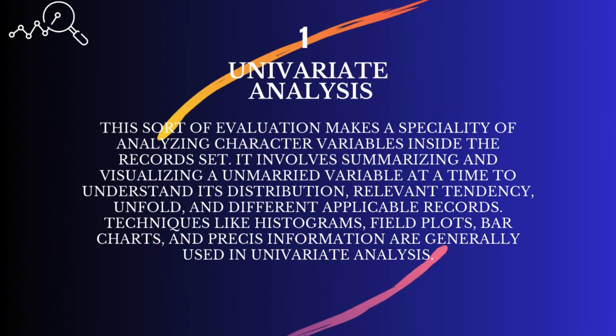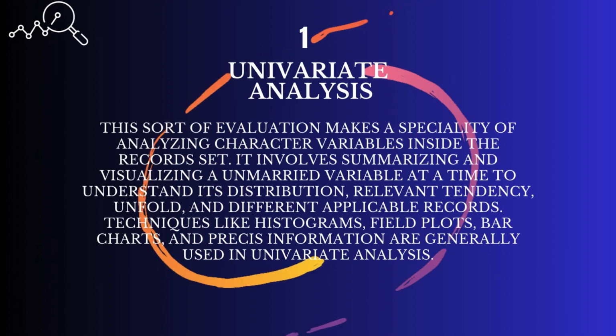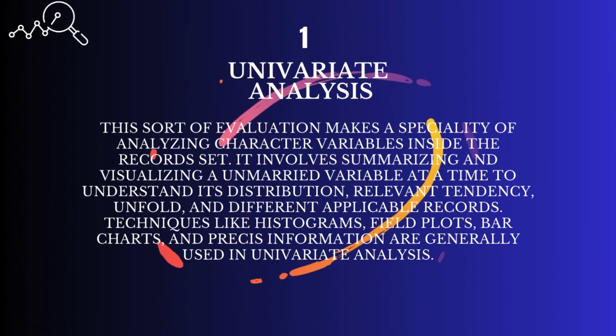So we get familiar with the traits of that single variable and what patterns it shows in the whole data, which will be beneficial while building a model or forecasting its effect on the dependent variable. An example of univariate analysis can be making a histogram of the distribution of ages in a dataset, showing the frequency of different age groups.